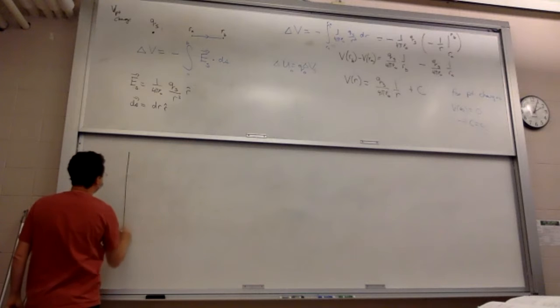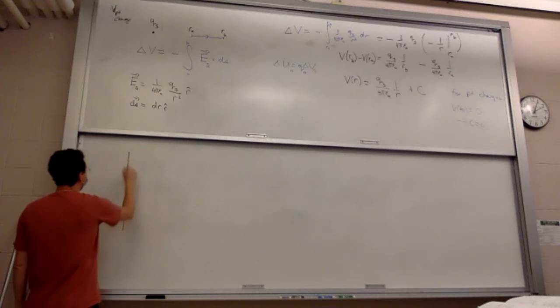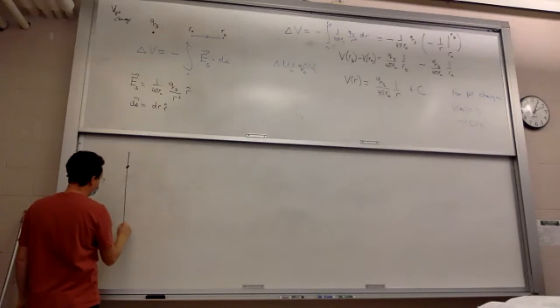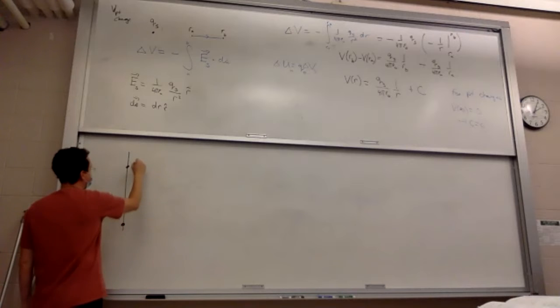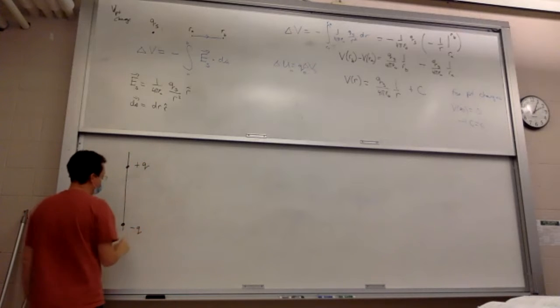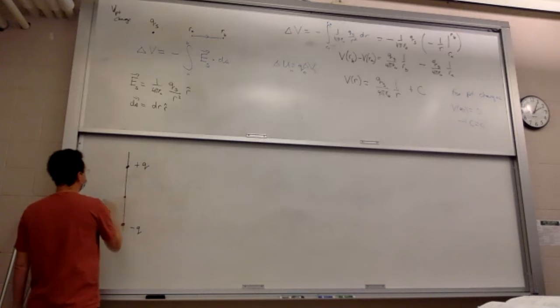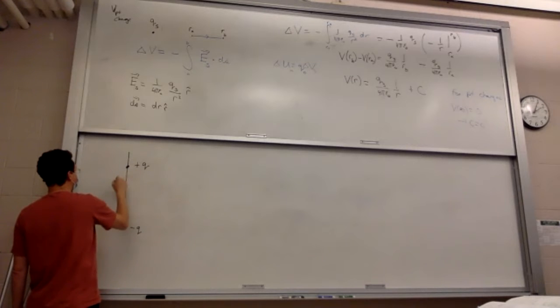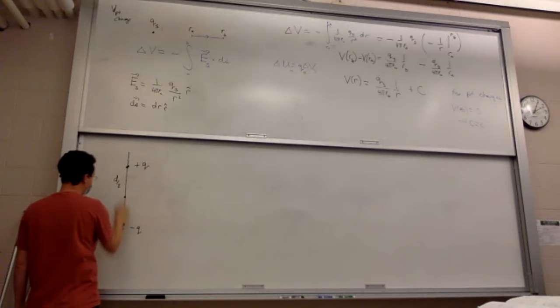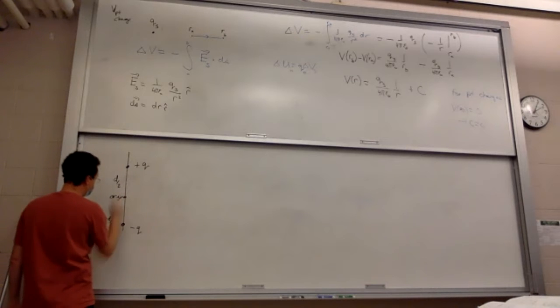So let's work out this one. Imagine I have this pattern: a positive charge and a negative charge, and let's say the positive one is at location d over 2 along the z-axis. We'll say this is the origin, and we're going to have the negative one down here at negative d over 2.